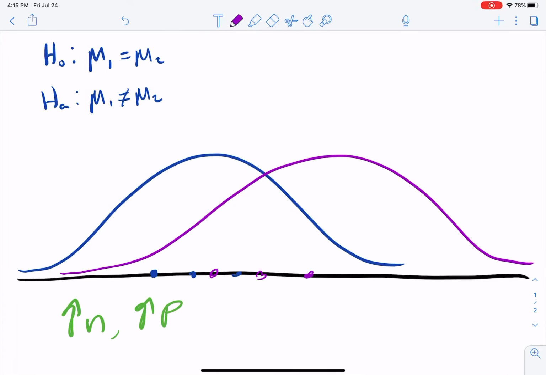And even though we are more likely to be operating in this area of overlap here, we're going to be coming to the conclusion that there is no difference between these two distributions, even though there is a little bit. And that might be notable, it might not be, and whatever. But we are missing this difference based on our sample, right?